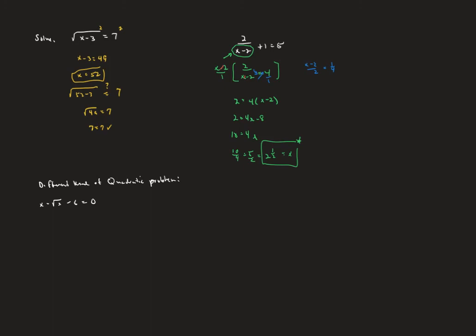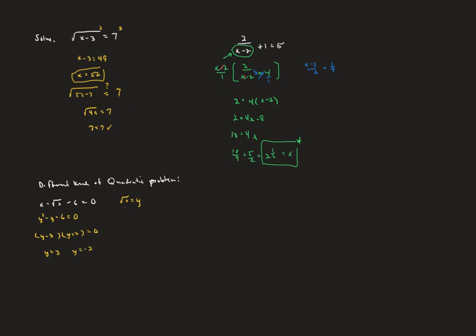But if you said y was the square root of x, then x would be the square root of x squared, or y squared, and you could make it into y squared minus y minus 6 equals 0, which then does factor into y minus 3, y plus 2, and so you would get y equals 3 or y equals negative 2.